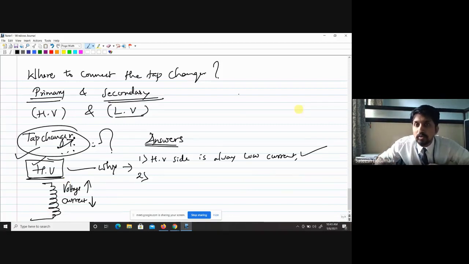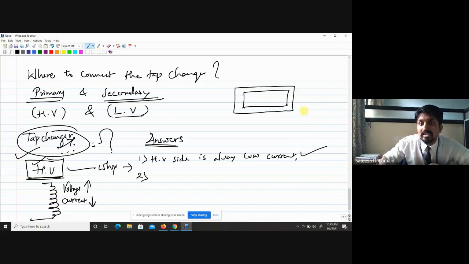Another reason is you should go back to your constructional diagram of the transformer. When you go through this constructional diagram of the transformer, we always place the low voltage winding first, near to the core. Then after that insulation.